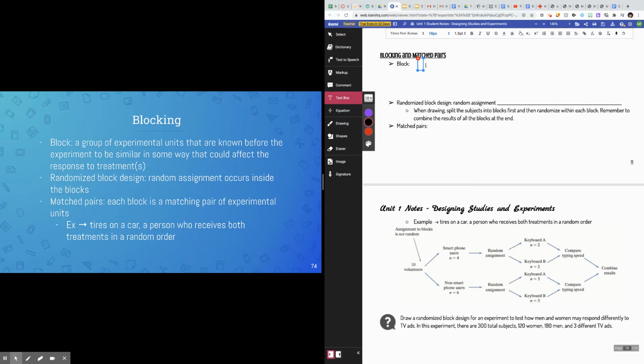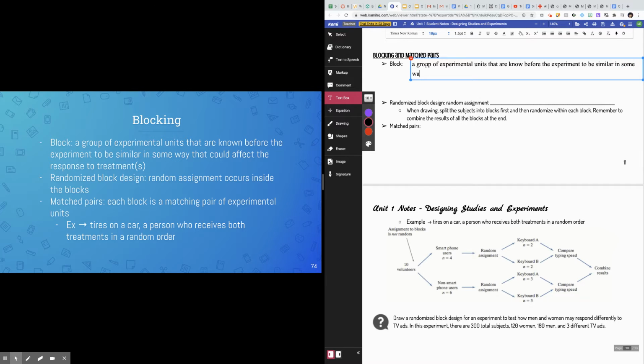So a block, okay, is a group of experimental units. Remember, if they're people, we call them subjects, that are known before the experiment to be similar in some way that could affect the response to treatments.